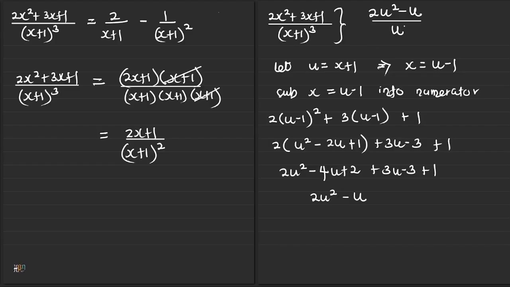You see, with what we have up there, which is 2u squared minus u all over u cube, if we want to split the fractions, we can rewrite it as 2u squared over u cube, then minus u over u cube as well.